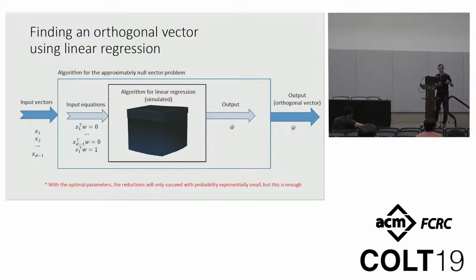Given input to the orthogonal vector problem, we just create an equation system whose solution is the orthogonal vector. And then we can just simulate the algorithm for linear regression and output its solution. So linear regression can only be harder than finding an orthogonal vector.